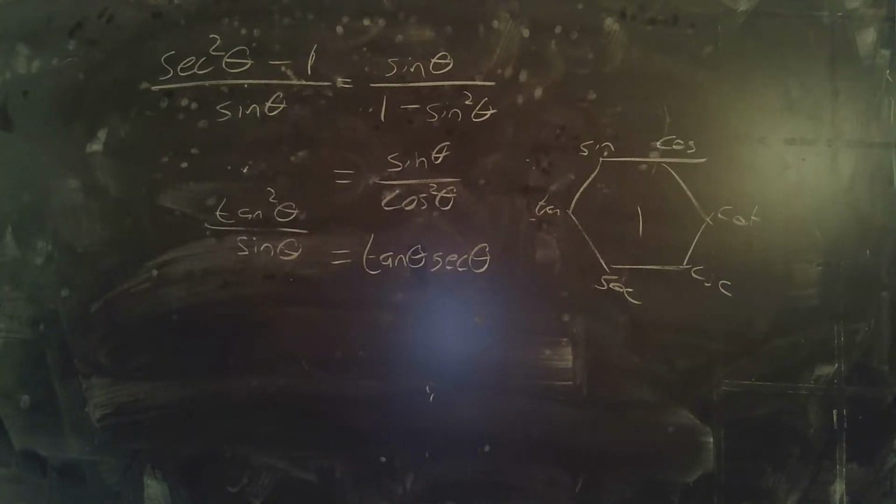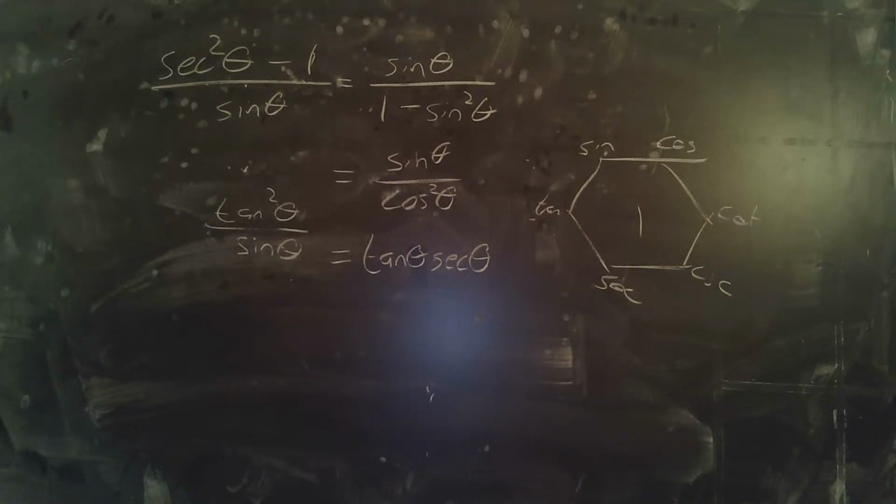All right, but then notice that tangent squared over sine can be written using the reciprocal identities.